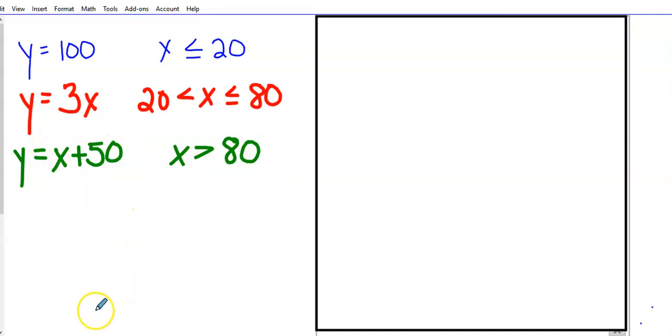It kind of makes sense if you think about it. If I only charged a $100 flat rate for anything, that'd be kind of dumb, because if somebody needed me to haul their horse 1,000 miles and I only charged $100, that would be stupid of me. Same thing up here. If I only charged $1 per mile plus $50, what if they wanted me to haul their horse 18 miles or whatever?